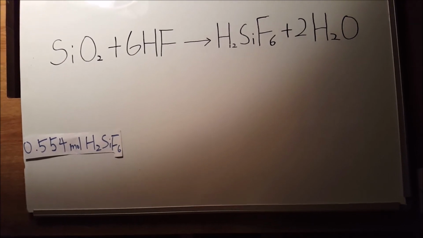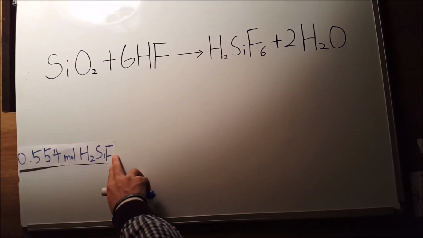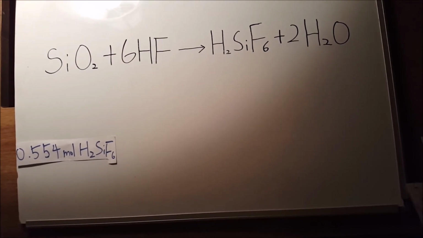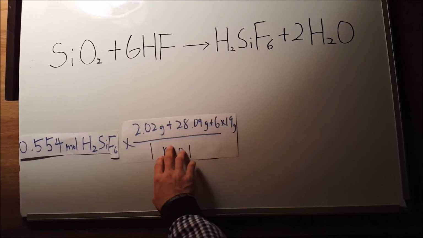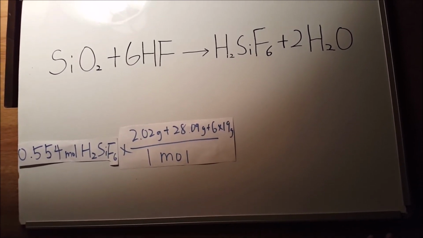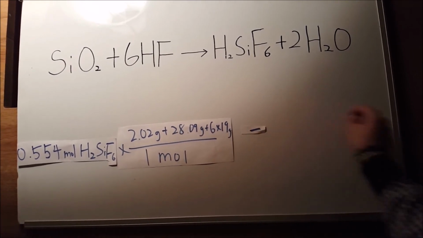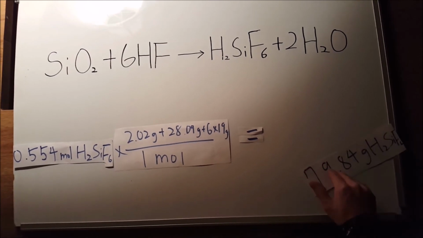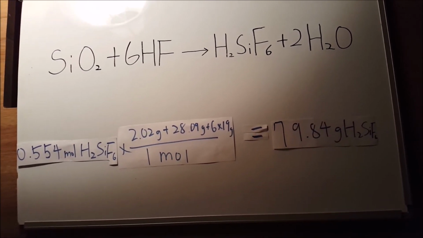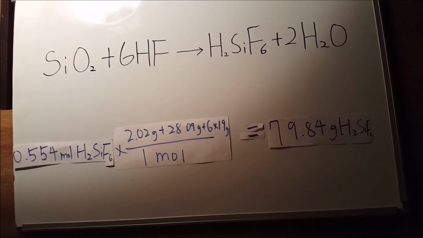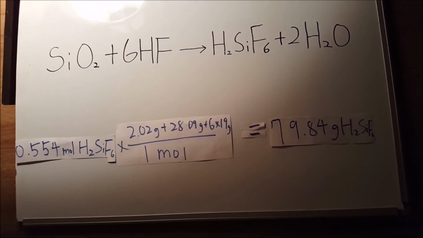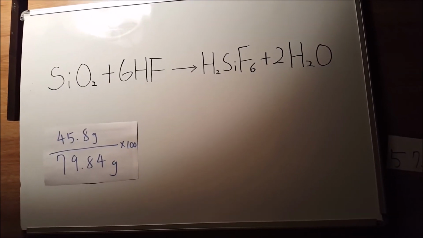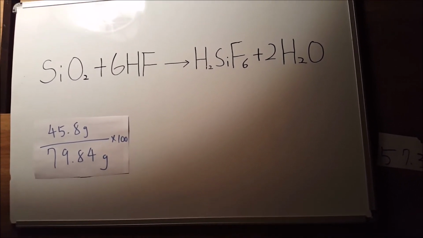And since we already calculated the moles created in the experiment, which is 0.554 mole, we multiply by the molar mass of H2SiF6, which will give us the theoretical mass that will be created as a product of H2SiF6, which is 79.84 grams. And that was question part B. So let's move on to part C.